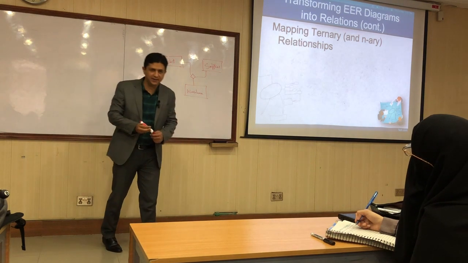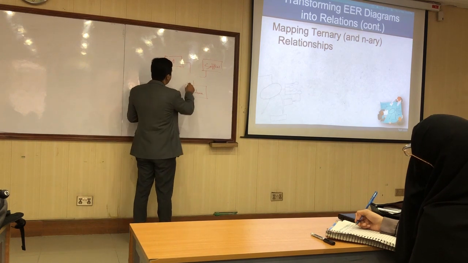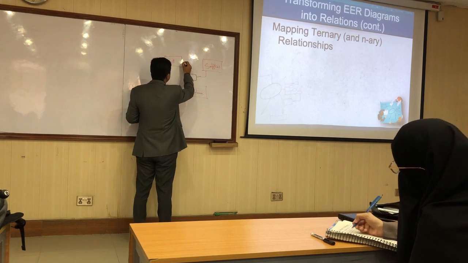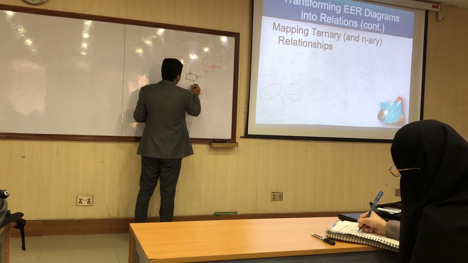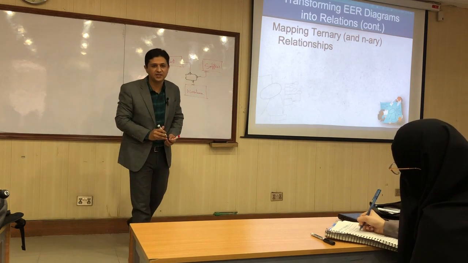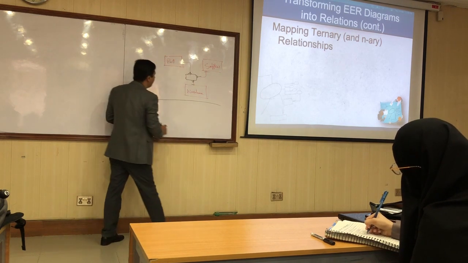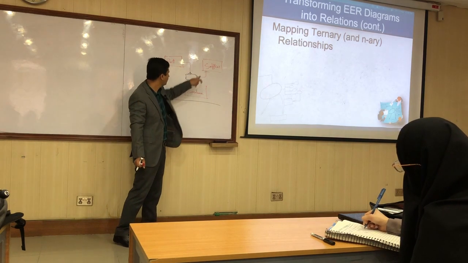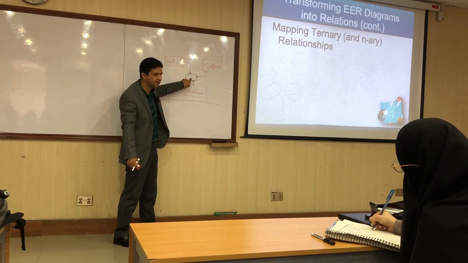If during conceptual modeling we converted this relationship into an associative entity, 3 new relationships have been created, and the cardinality of all these 3 relationships would be one to many. So as per the rule, now we shall have 4 different relations, right? One relation for each of the participating entities, and one relation for this associative entity.